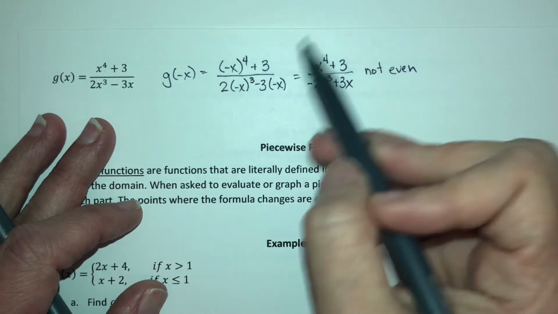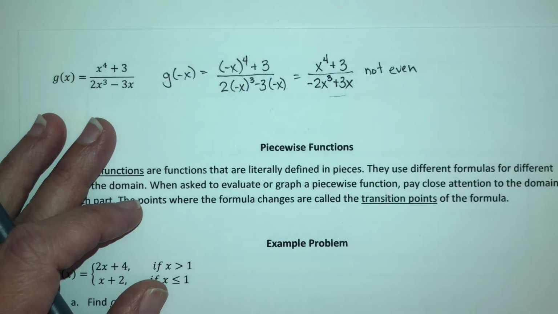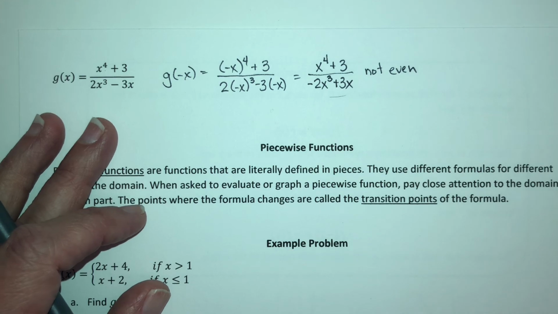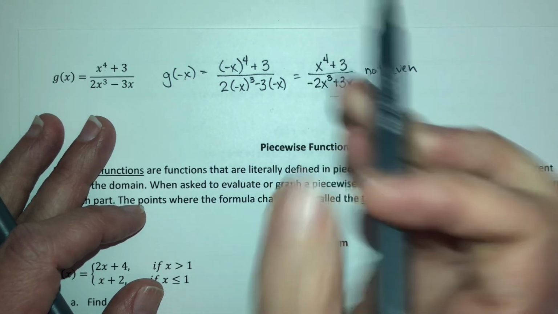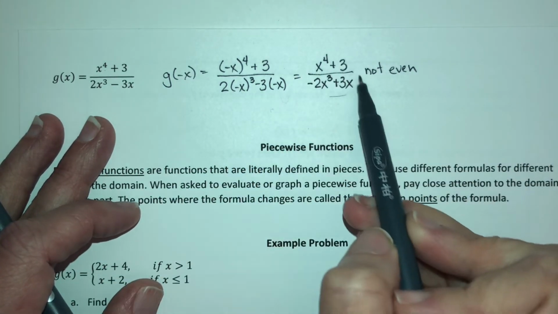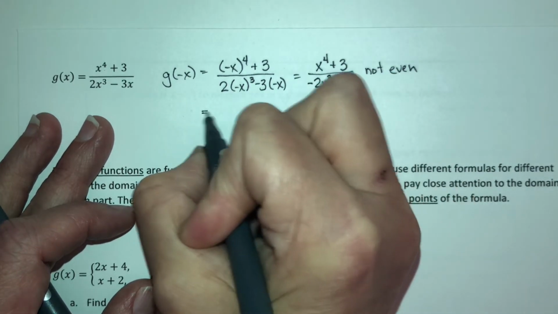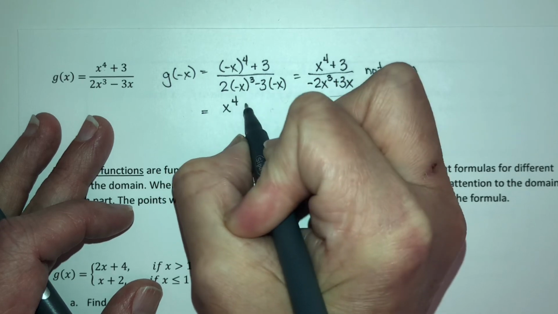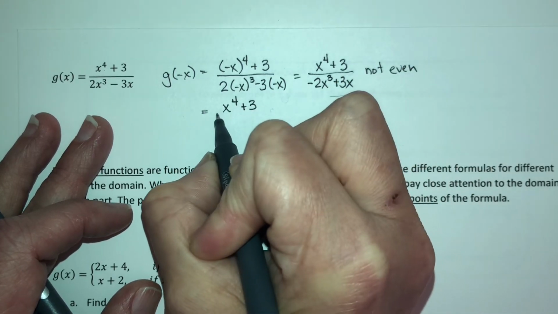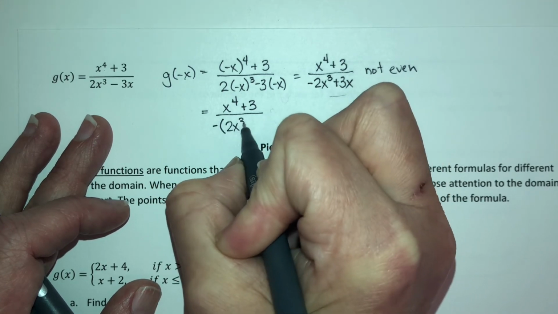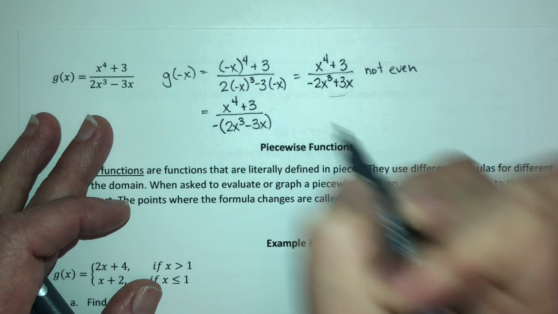When you have a rational expression and you want to factor out a negative, you factor a negative out of the top or the bottom, but not both. So since this is already the same as this, I'm going to factor a negative out of the bottom and see what I get. So I would have x to the 4th plus 3 over, factor out a negative, 2x cubed minus 3x.